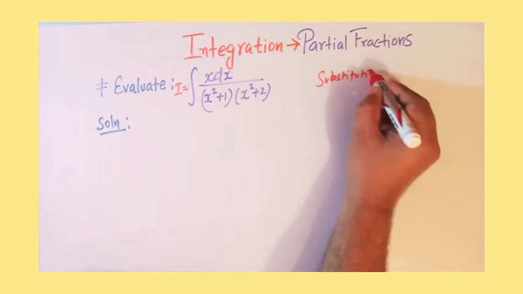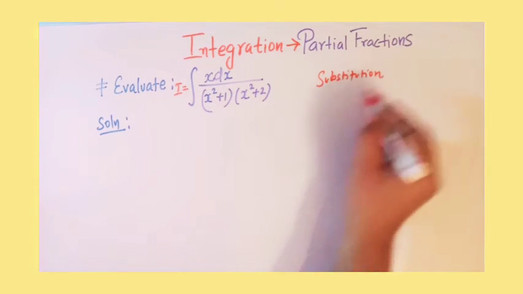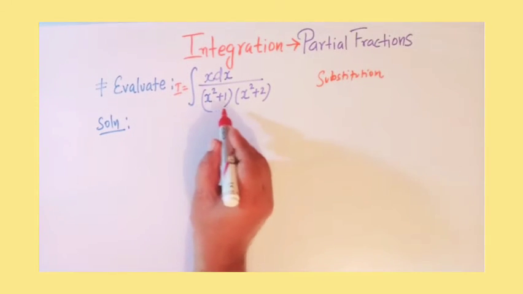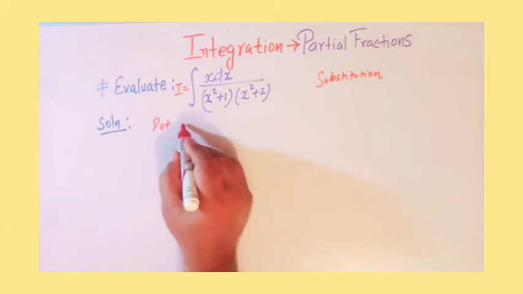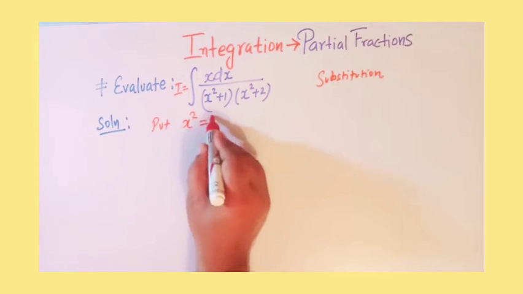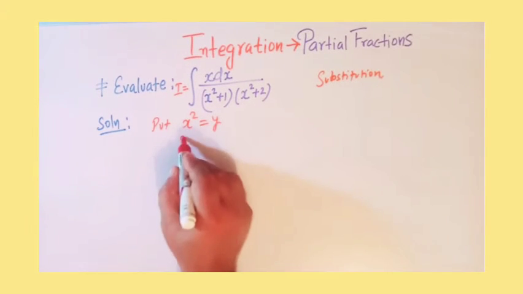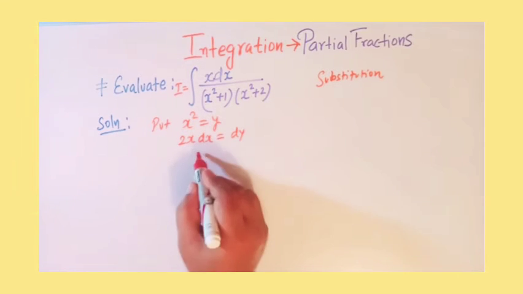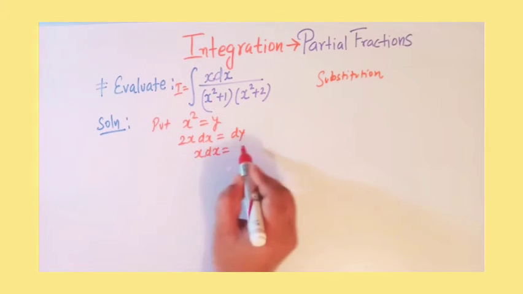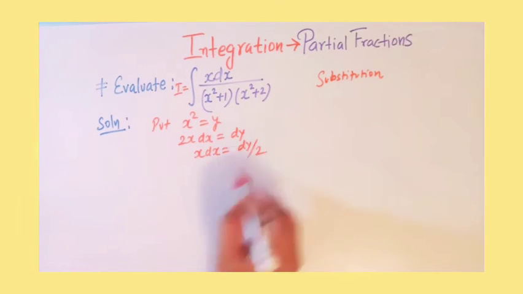So first we will make use of substitution, and we substitute x square is equal to y. Now this is 2x dx is equal to dy, so x dx is equal to dy over 2.